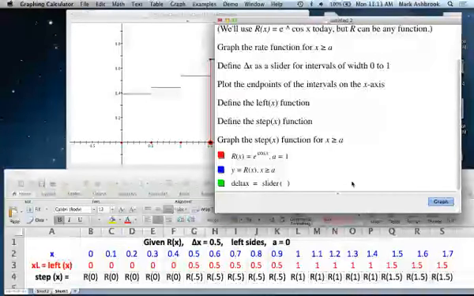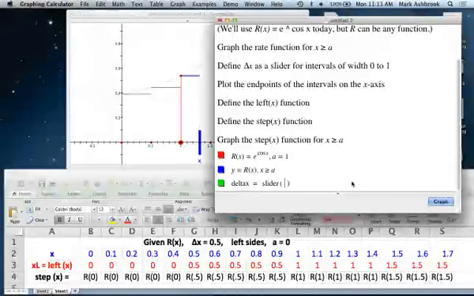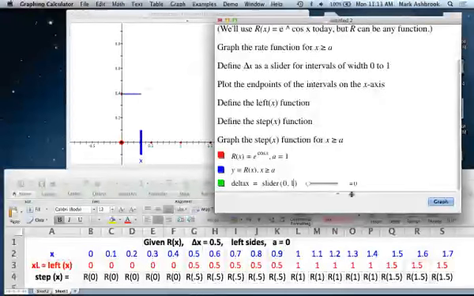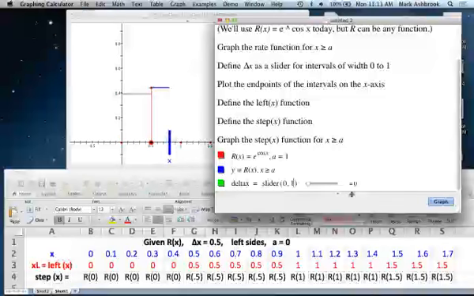No, because slider is built into the graphing calculator. When you type slider, it knows what you mean. So we're going to start at 0 and go to 1. There we go. And when you finish it, it should pop up. No, that's not a function. It's just parentheses. It's an operation of the graphing calculator that it knows.